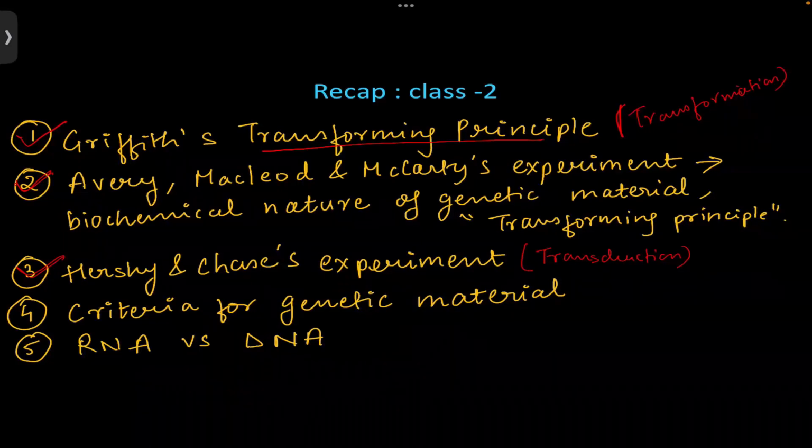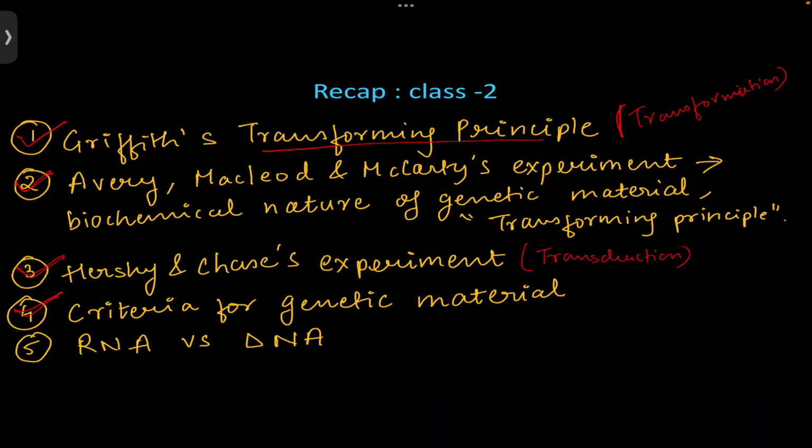But people have seen in later studies that RNA is also genetic material in very primitive types of organisms like viruses. Many viruses like coronavirus have RNA as genetic material. We then looked into the criteria, or the ideal properties, that a genetic material should have.